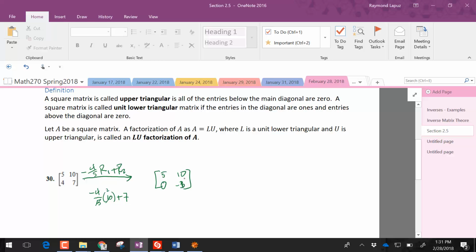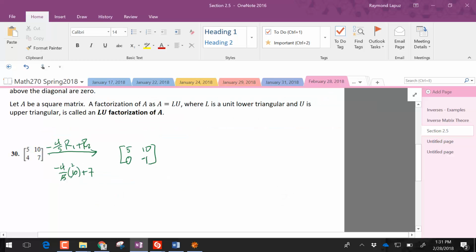So it's negative 1. I got to practice my math. So that's already an upper triangular matrix. So this is your U matrix, looks like.